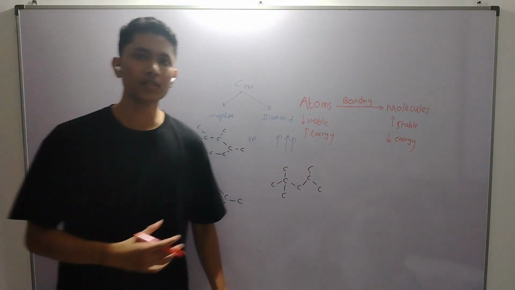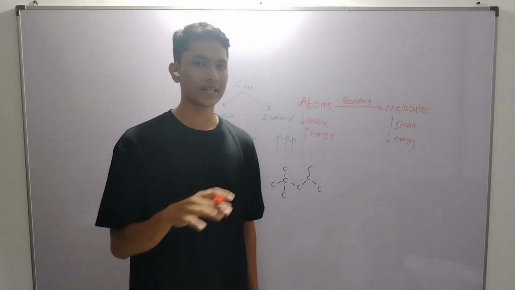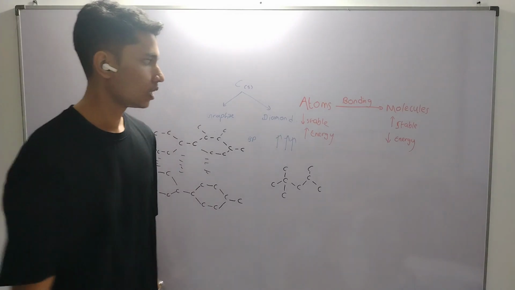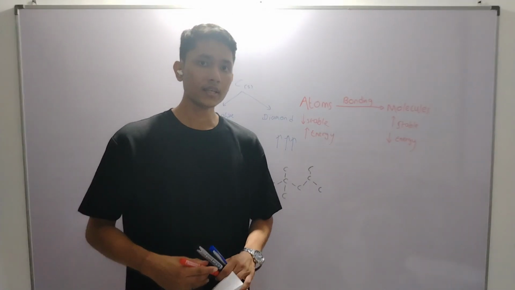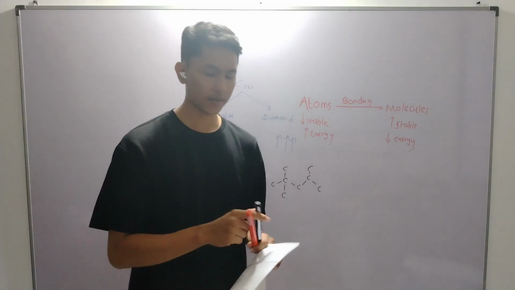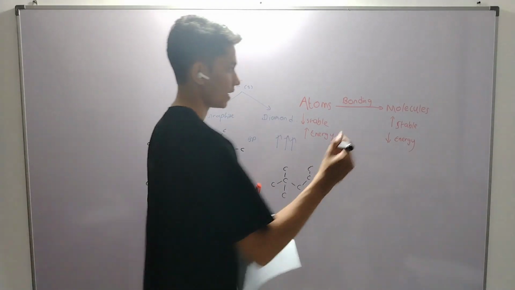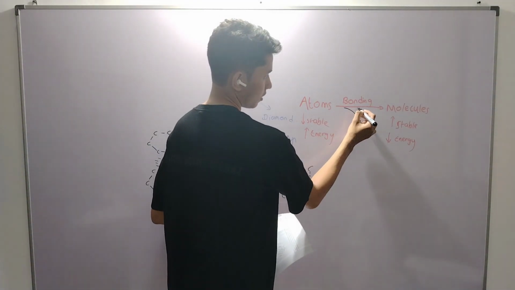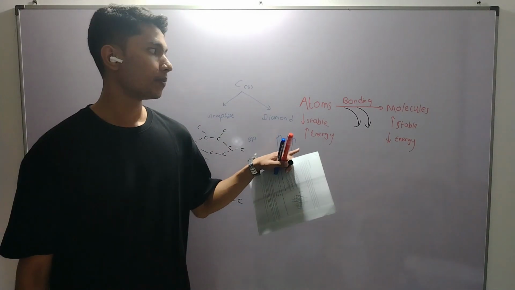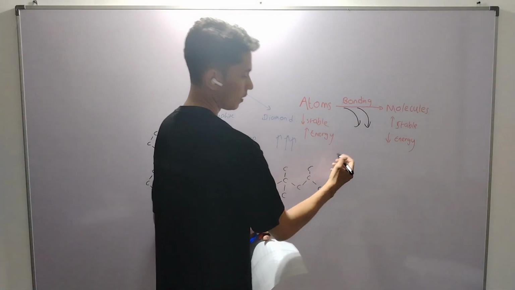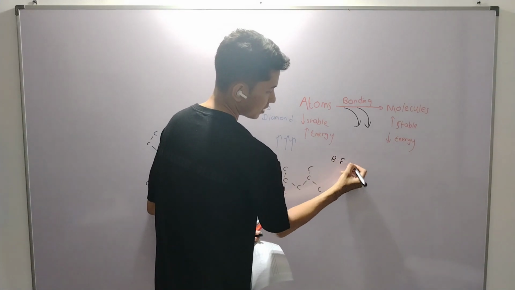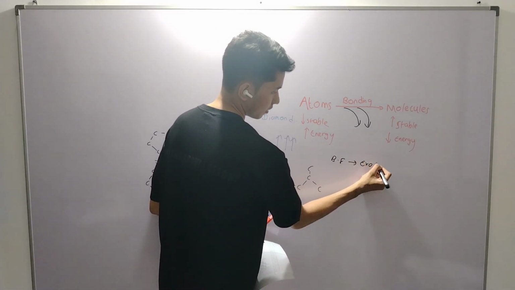While I'm explaining this, you have to take a CR book and write this down. So high energy, low energy. From high energy, it has gone to low energy. That means energy has been released. Therefore, bond formation reactions are exothermic.